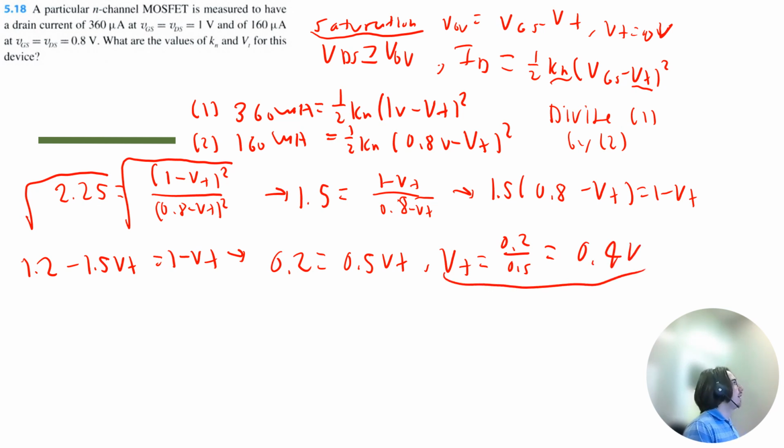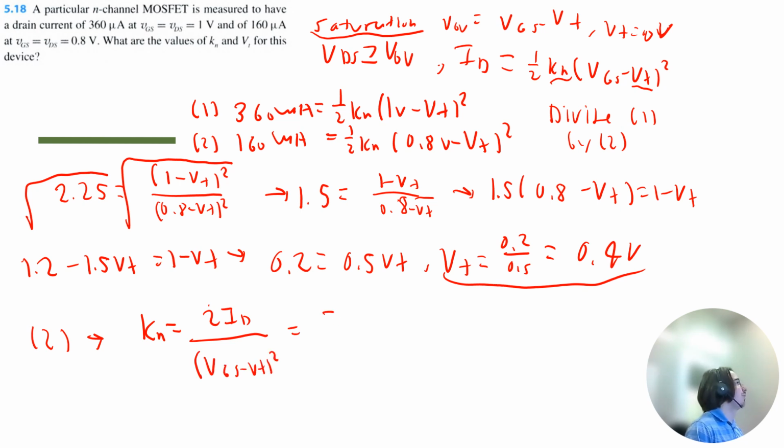Perfect. Now we can solve for Kn. If I take equation 1, so I'll do equation 2, I think that'd be easier. So in equation 2, we can isolate for Kn. Kn is equal to 2 times the drain current divided by VGS minus Vt squared.